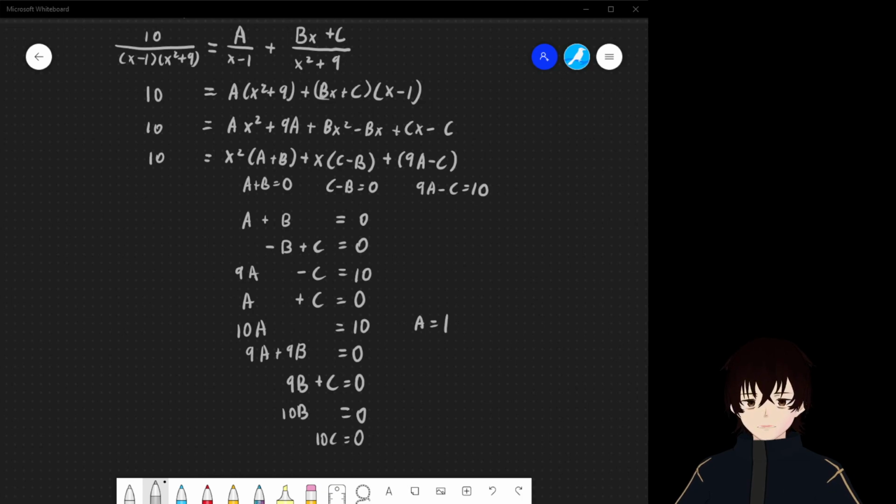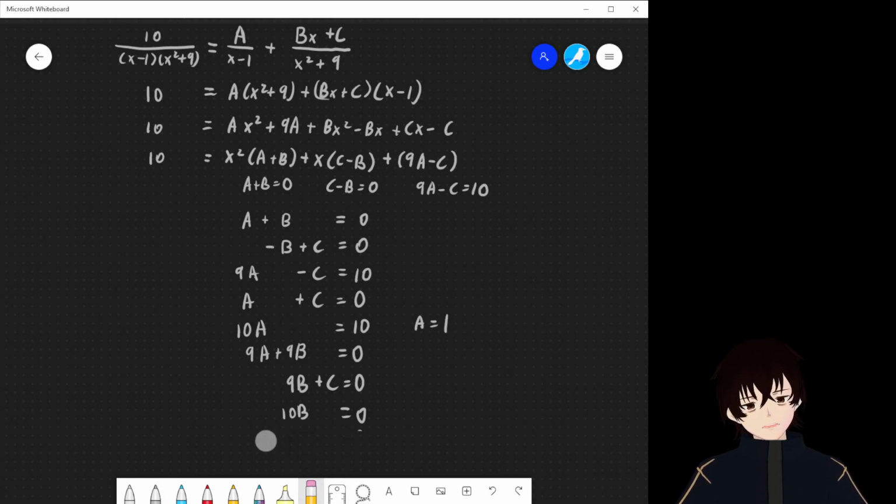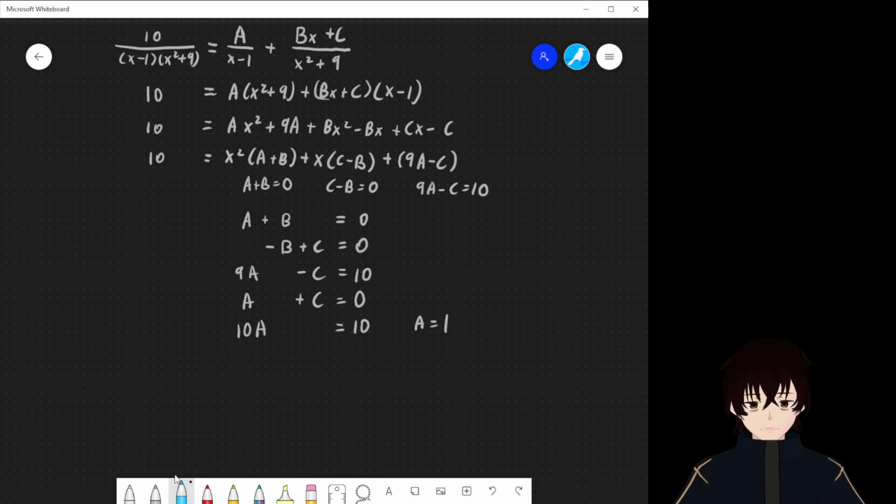Wait. If A is 1, C has to be -1. I just did something totally extra and wrong. A is equal to 1. C has to be equal to -1 because of that.